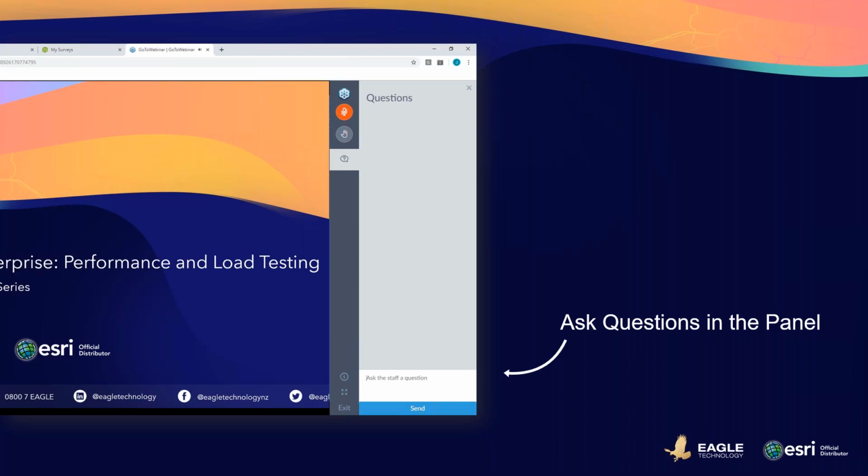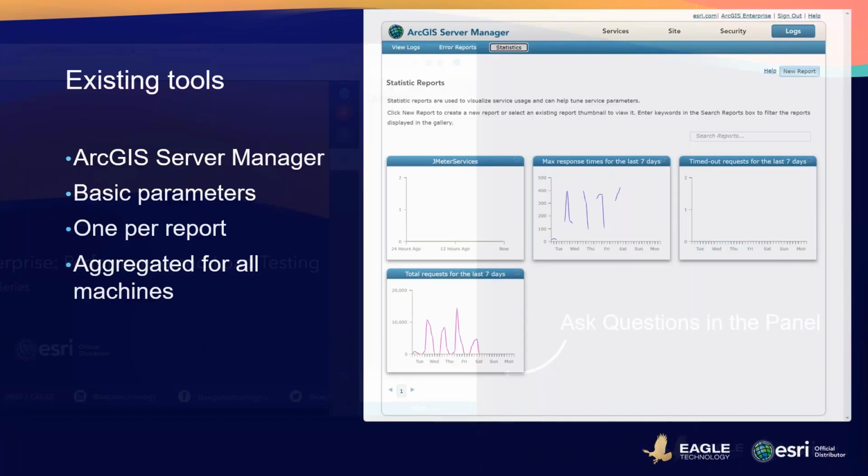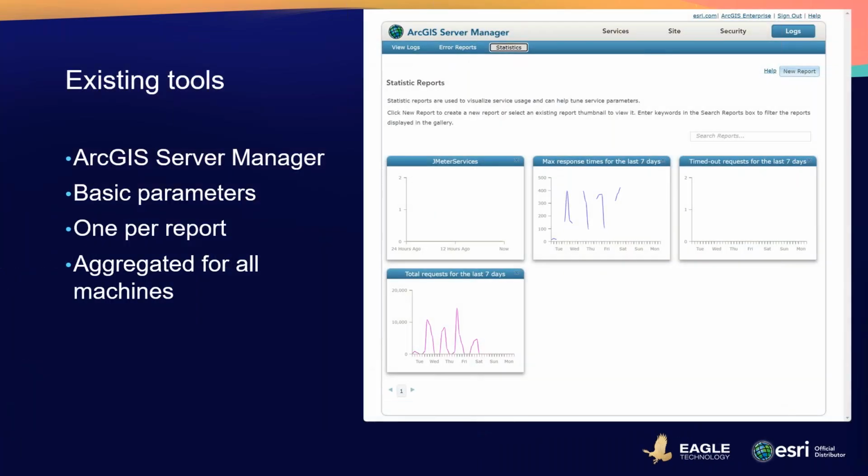Now let's talk a little bit about how and what we can do. After ArcGIS Enterprise is deployed, administrators can think about getting information about the performance of services under current conditions. The ArcGIS Server Manager log section in particular provides statistics we can utilize to evaluate service performance. There is a set of basic statistics available, and we already see some of these statistics displayed in here.